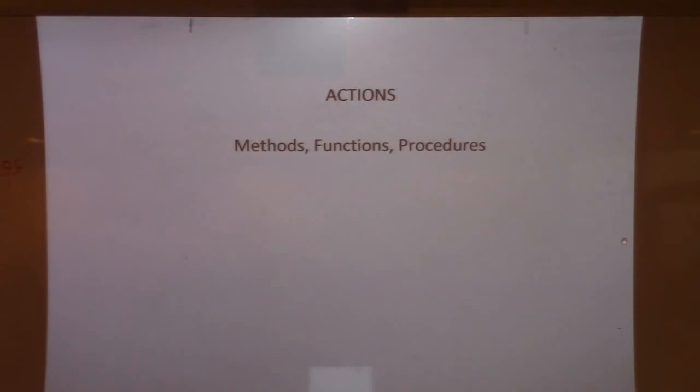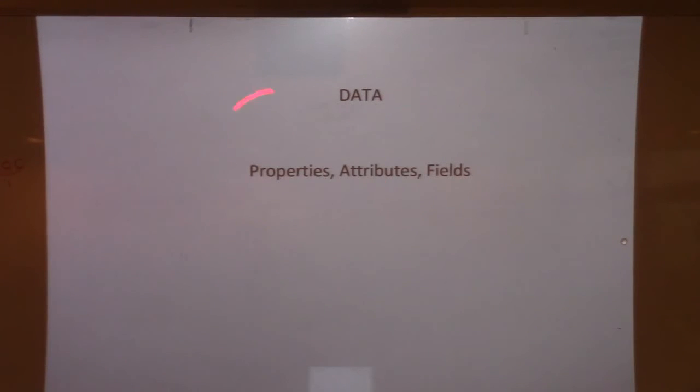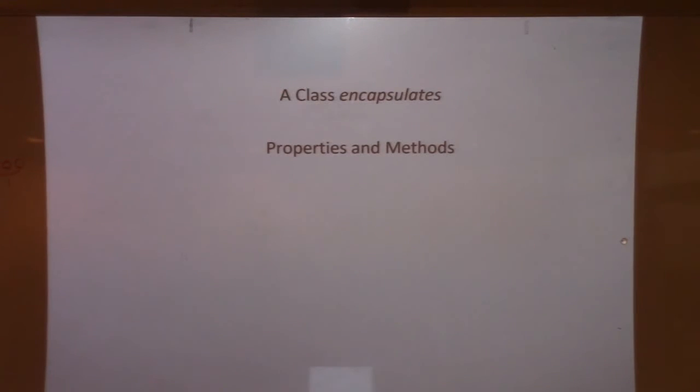So when we describe a type, which is a class, we want to give it some properties that define what it has, and we want to give it some methods that describe what it does. So a class is a type that encapsulates the properties and methods. What does encapsulates mean?